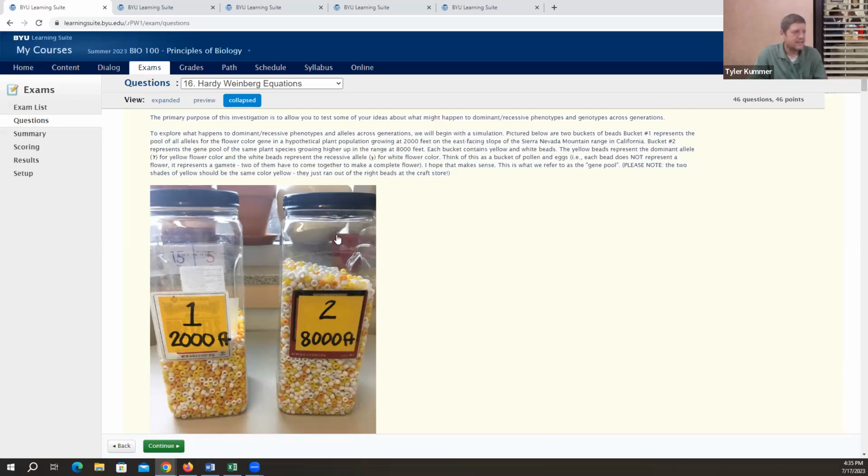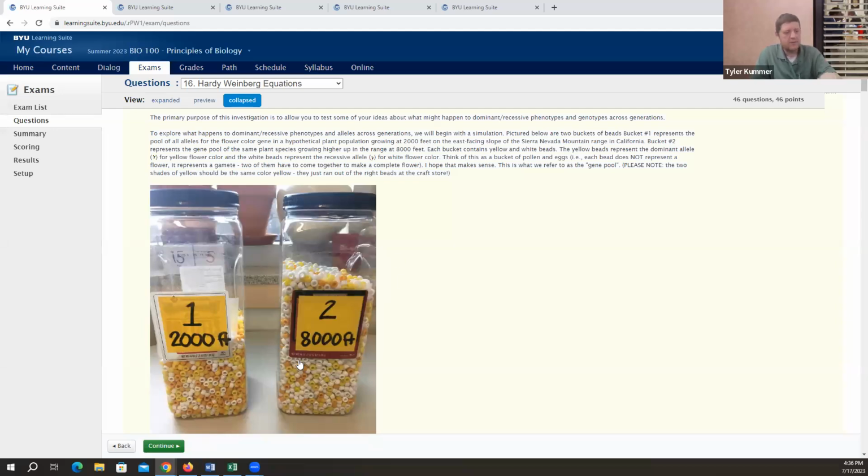The idea is that our population just keeps reshuffling those alleles. Even though those recessive alleles don't show up when they're heterozygous, the heterozygous allele that's there still gets passed on. Essentially, we just keep churning those alleles in different combinations, but they all still stay in the population. They're all still in the bucket.